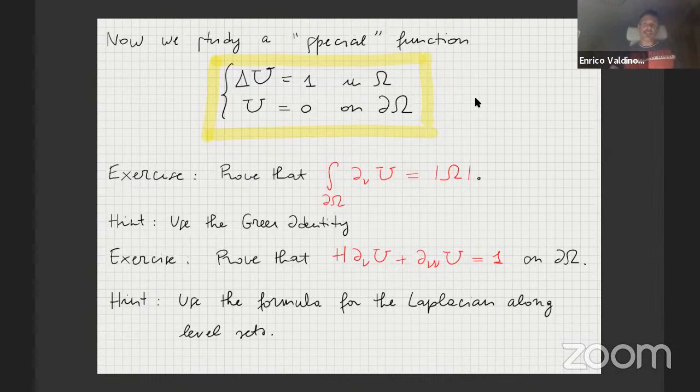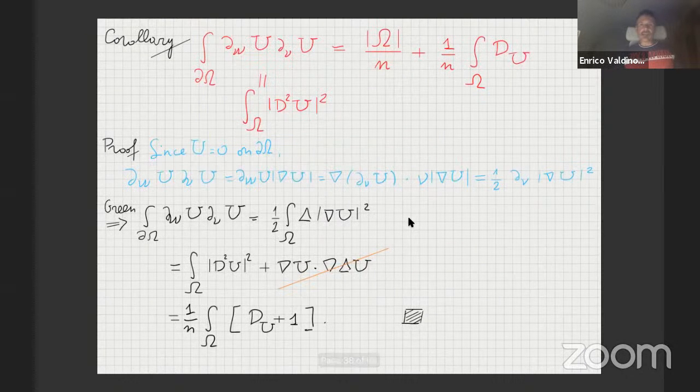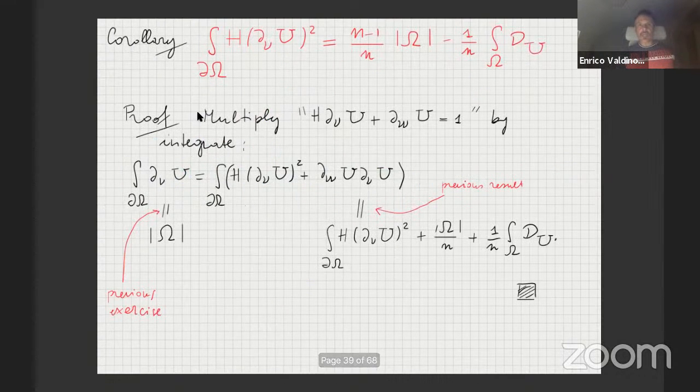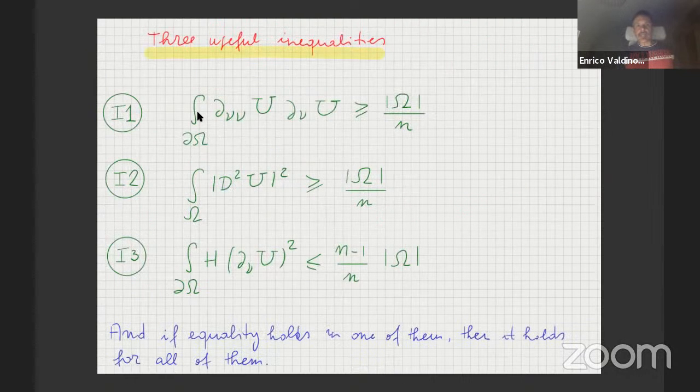But for instance, in this case, it was so convenient to reduce the problem to the function big U, because on big U, we had for free several integral identities that were just coming from the previous work and a few integration by parts that basically led us to three useful inequalities.